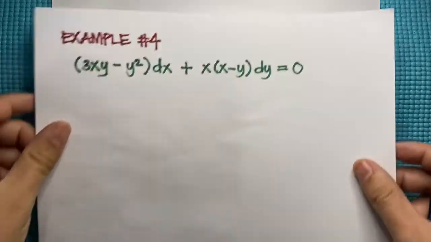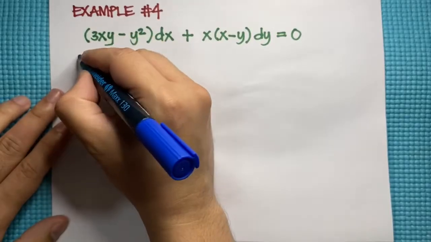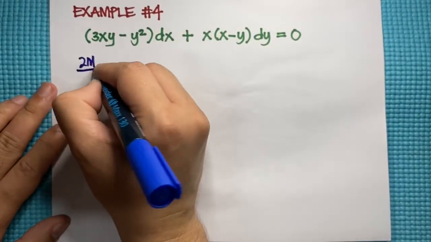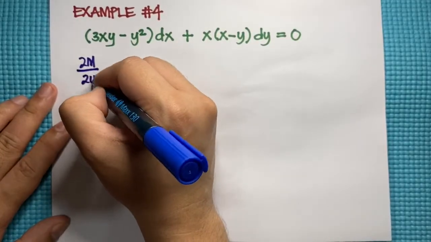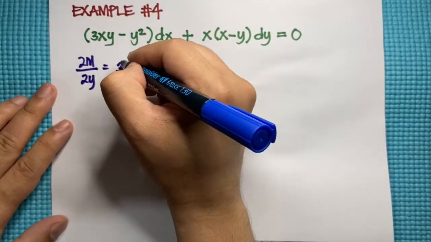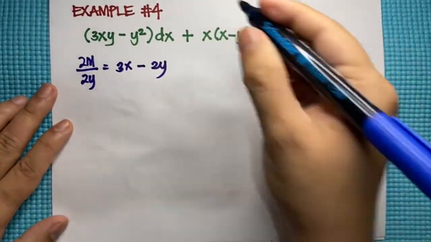For our fourth example, we have (3xy minus y squared) dx plus x times (x minus y) dy. Let's check again. The partial derivative of M with respect to y is 3x minus 2y.